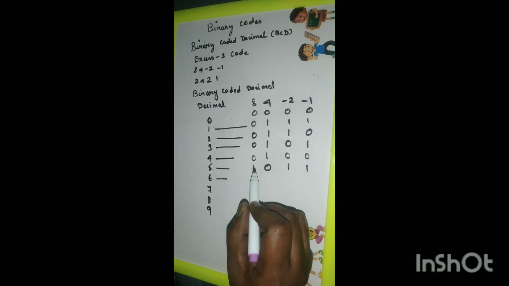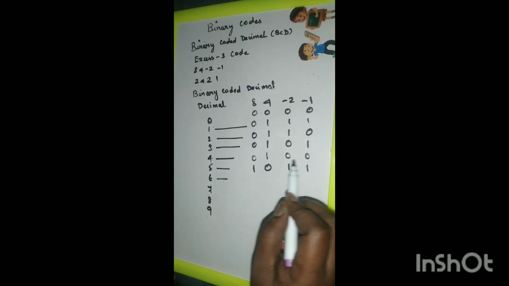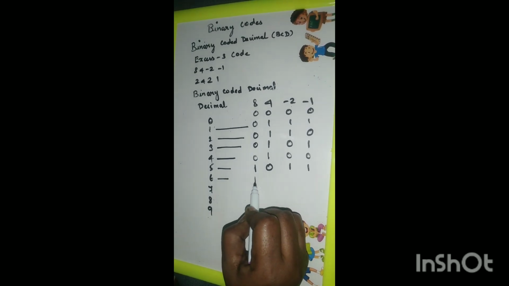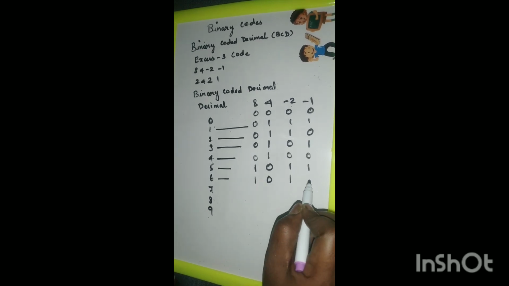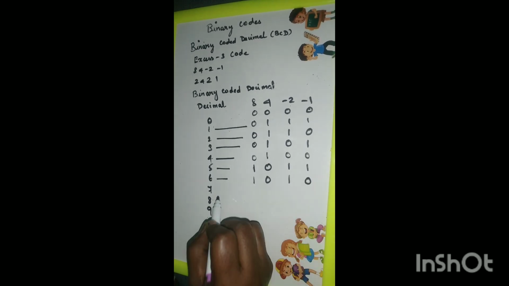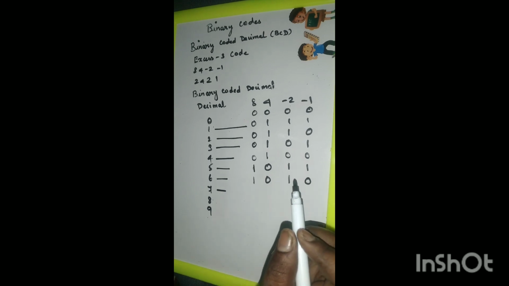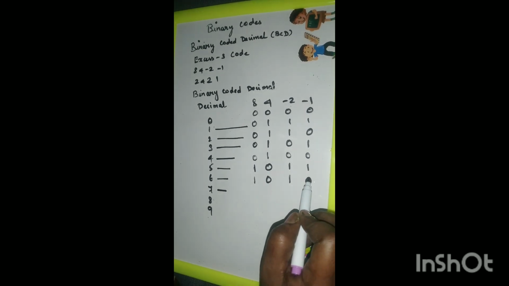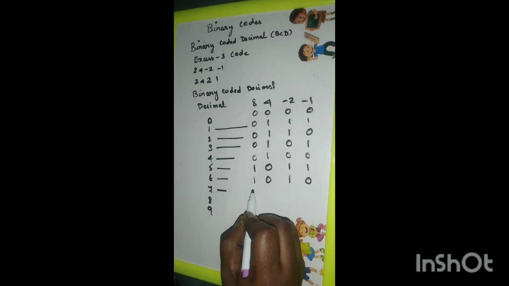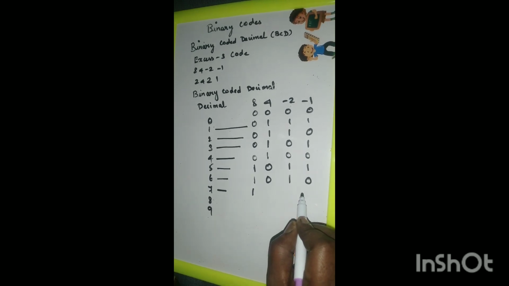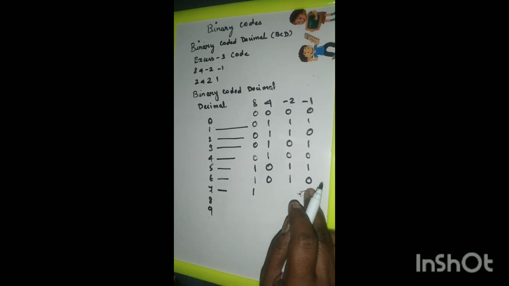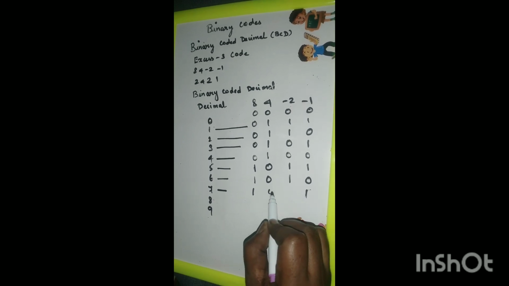Next is 6: 8 minus 2 is 6, so we assign 1 for 8 and minus 2, and 0 for 4 and minus 1. Next is 7: 8 minus 1 is 7, so we assign 8 and minus 1 as 1, and for others, 0.